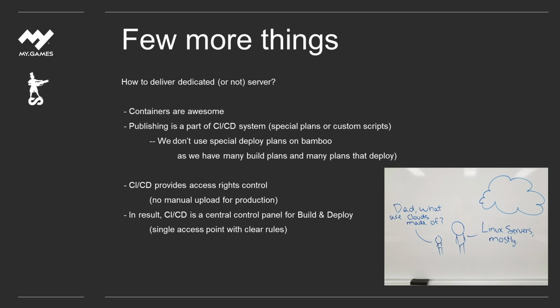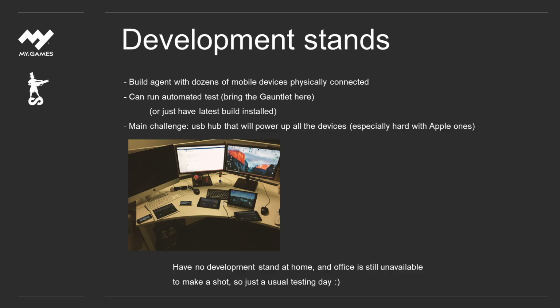You can configure who can restart the server and who can't. Different server instances, different rules. For example, QA server, QA access. As a result, there is no more manual access key management, no direct access to production server instances. Your CI system plays the role of control panel for your whole game infrastructure spaceship.